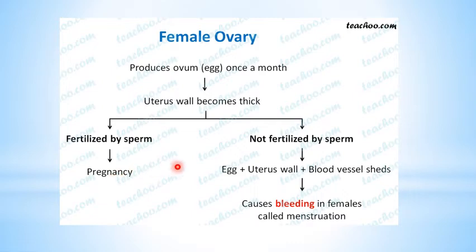But if the egg is not fertilized by the sperm, the uterus wall and blood vessels shed away, meaning they are cast off and removed, causing bleeding in females, and that is called menstruation, and it repeats after every 28 days.